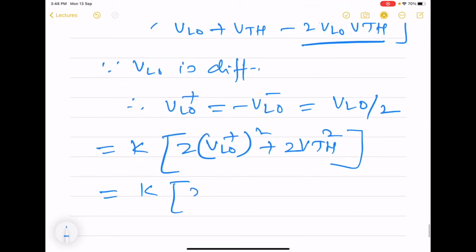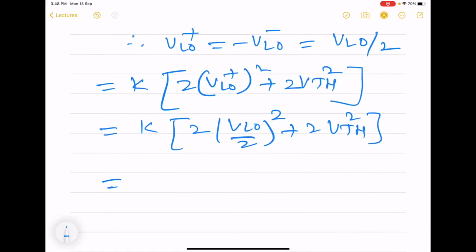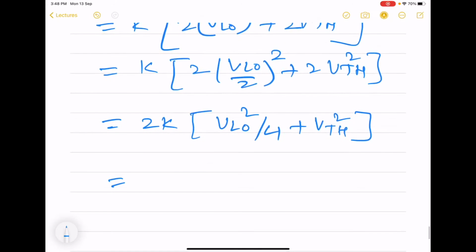And this becomes 2 VLO by 2 whole square plus 2 VTH square, and this will finally give 2K VLO square by 4 plus VTH whole square, finally reducing to K by 2 VLO square plus 2K VTH square.